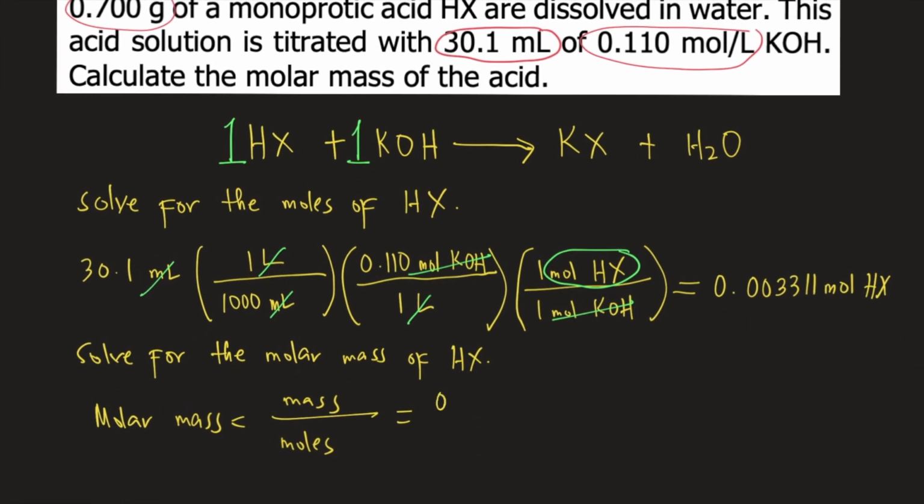So that is 0.700 grams divided by the moles of HX, which we just solved earlier, 0.003311 moles. And this is equal to 211, and the unit would be grams per mole. And this is the answer to the question.